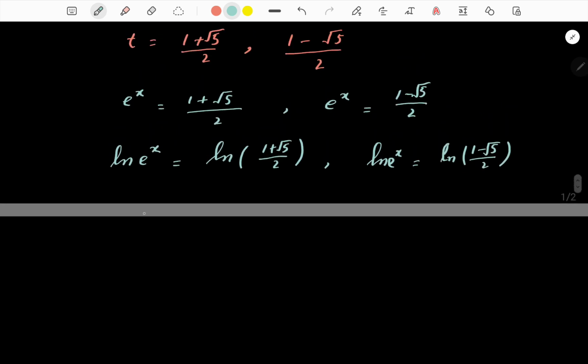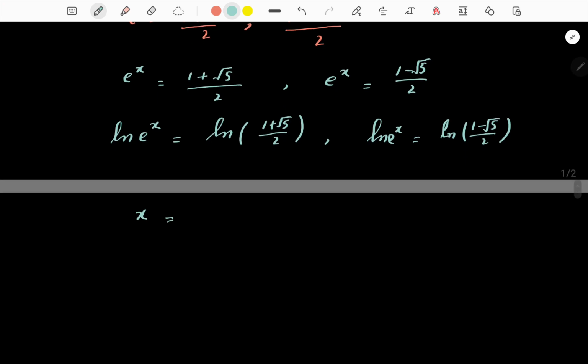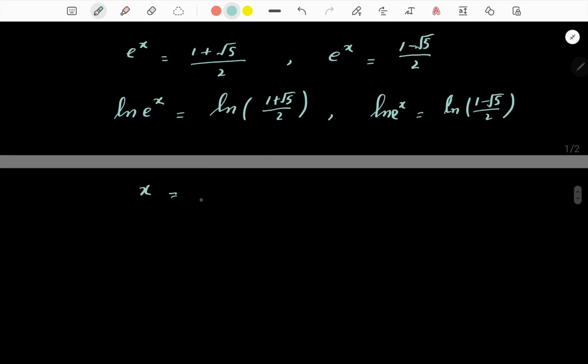So this is equal to x, since e and natural log will cancel out, and from here we have x is equal to natural log of 1 plus under root 5 over 2, and x is equal to natural log of 1 minus under root 5 over 2.